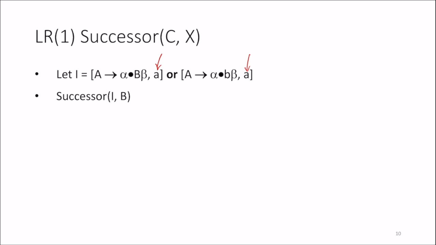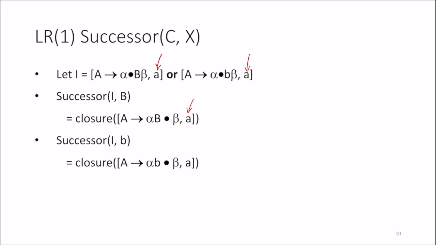So the successor of an item set with a non-terminal is I move the dot across the non-terminal and I keep the same look ahead. Similarly, if I'm moving the dot across a terminal symbol, it's exactly the same. I just copy over the look ahead. So successors are really easy. They're no different. The only thing you have to pay attention to here is that the dotted rule has a look ahead. You have to copy that over.